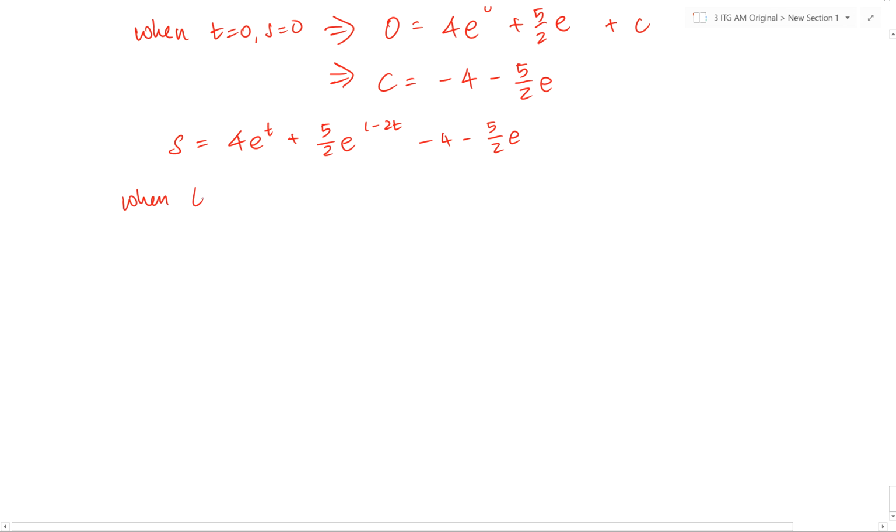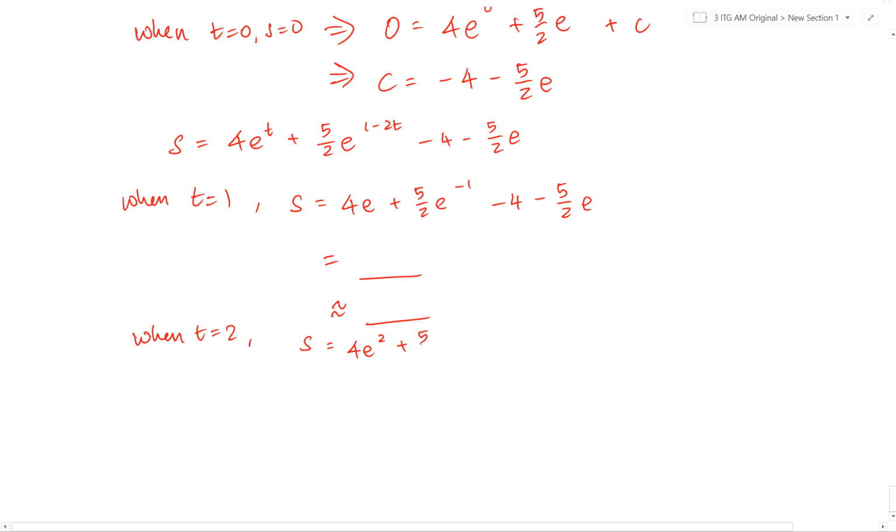When time equals 1, for the second second, s is 4e plus 5 over 2e^(1 minus 2), which is negative 1, minus 4 minus 5 over 2e. This gives me a certain value. Go and calculate yourself. When t equals 2, 1 minus 4 is negative 3.